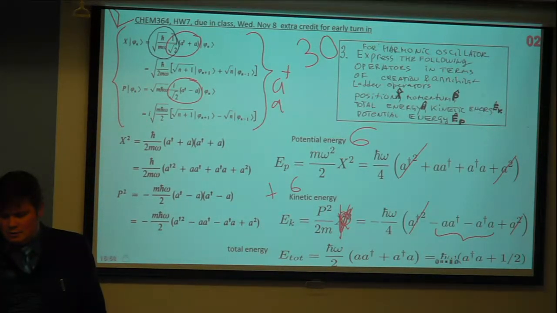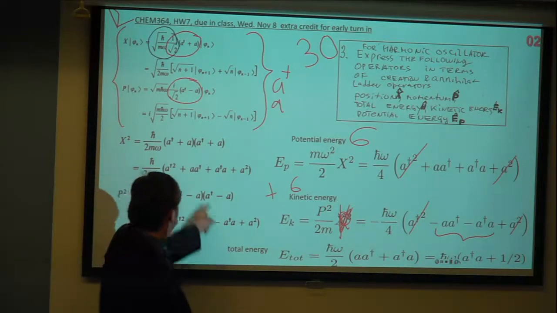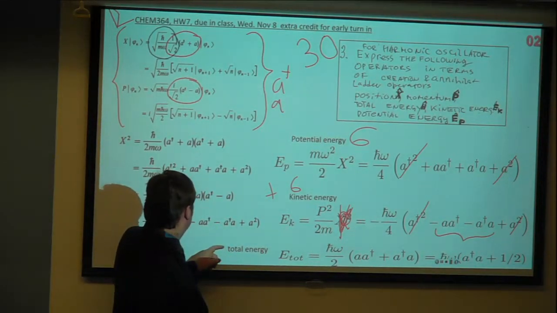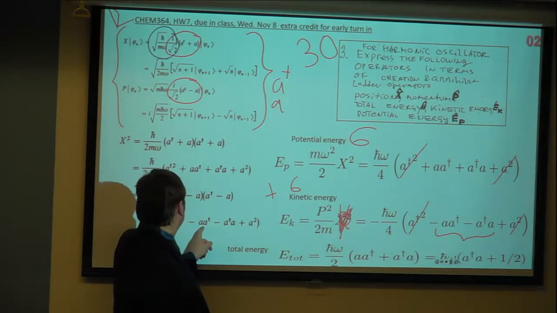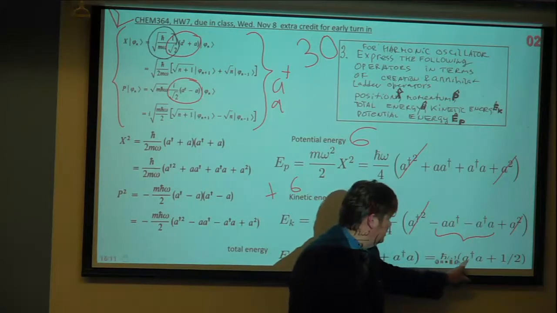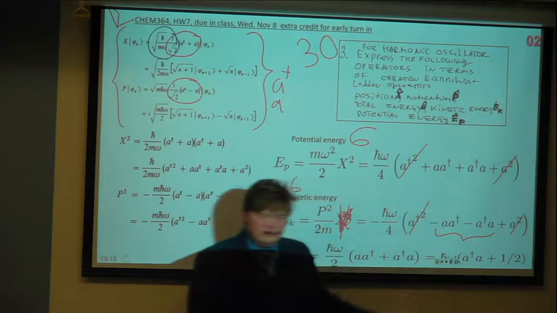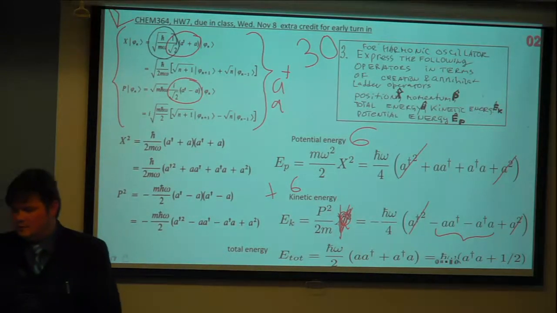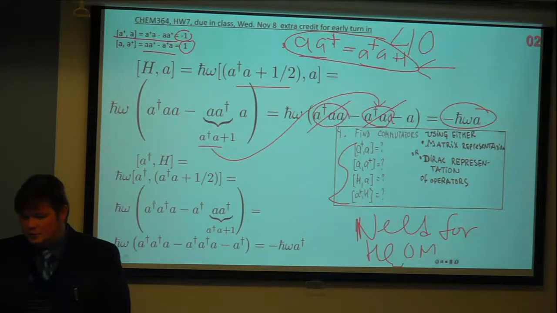For position squared, there will be cross terms, and for momentum squared cross terms, but if you add them together, there will be only a dagger a and 1/2. So that is the energy operator in terms of the ladder operators.